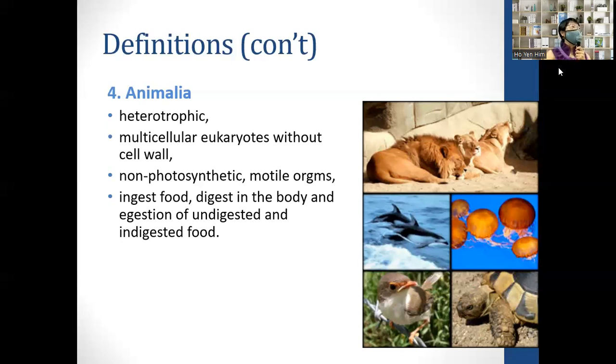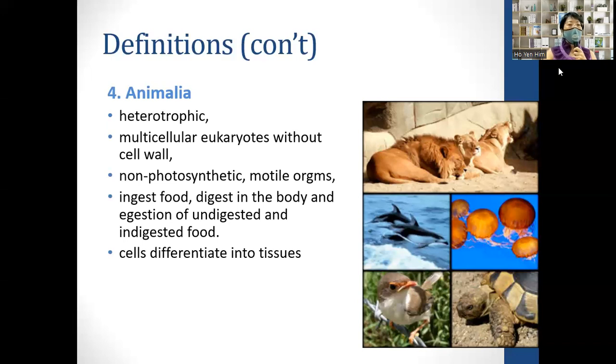Cannot digest, right? Undigested means your body can digest, but then it did not digest it yet. Undigested, you have not digested yet. Okay? Indigested means your body cannot digest it, like cellulose, indigestible. Okay, so there's a difference between undigested and indigested.